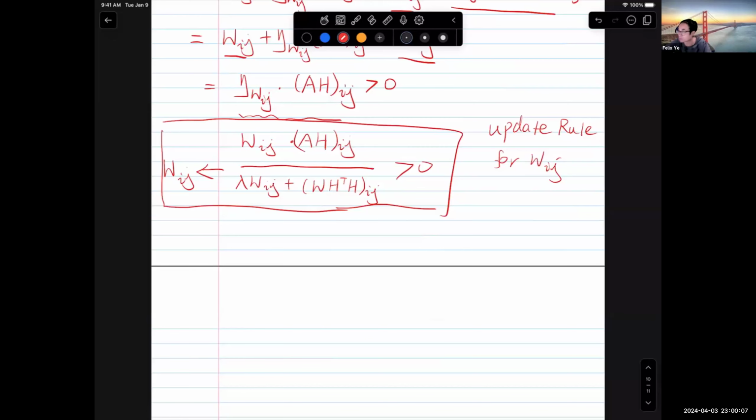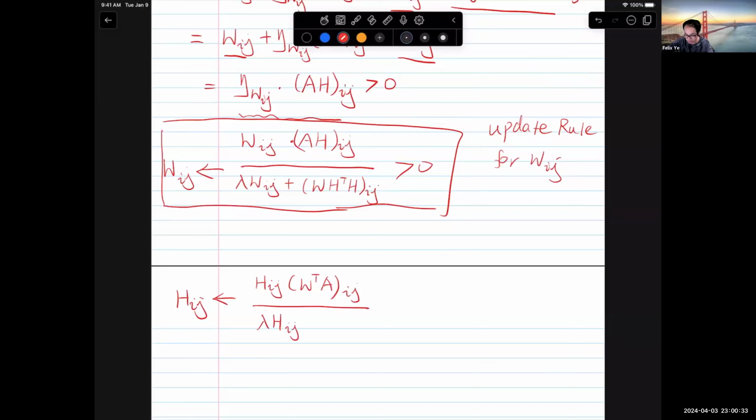Okay, you can do the same thing for H as well. So you have the update rule for H_ij. You do the same thing. This is H_ij times (W transpose A)_ij, divided by lambda H_ij plus (W transpose W H)_ij.